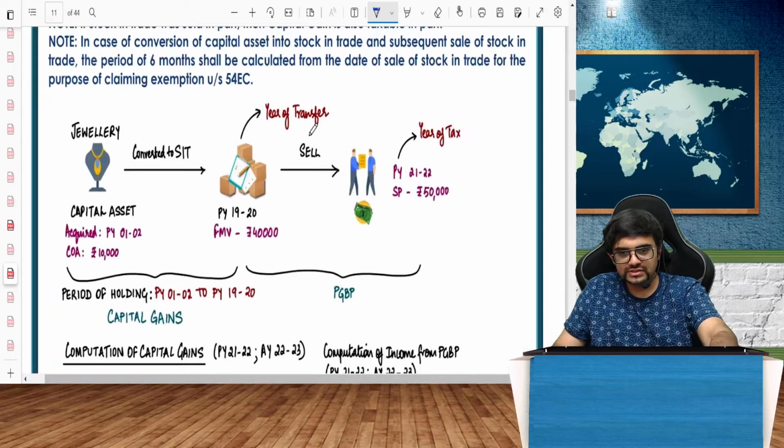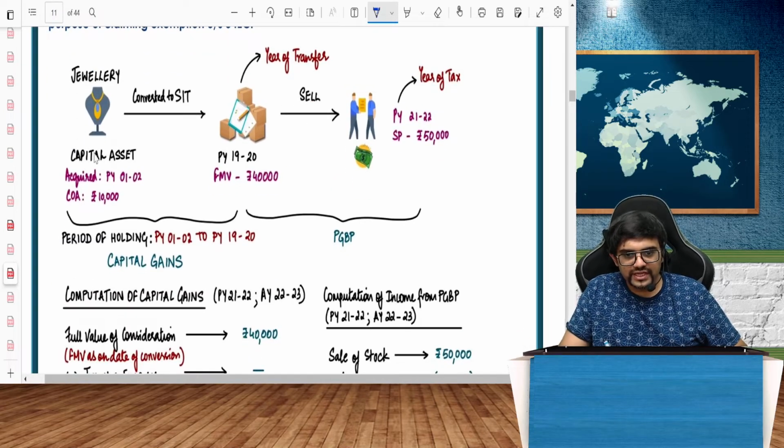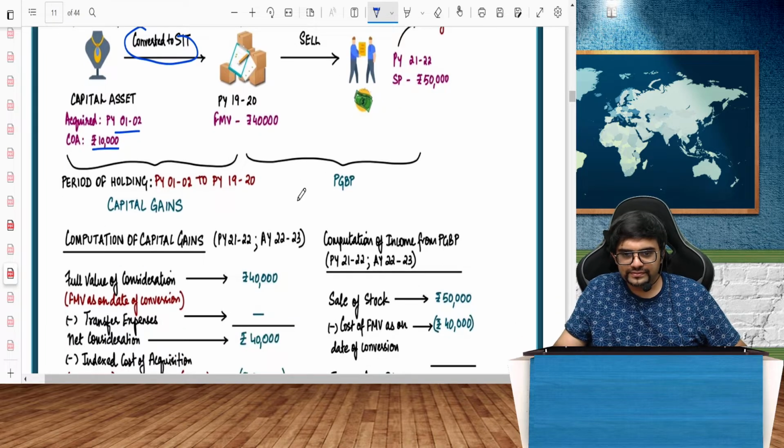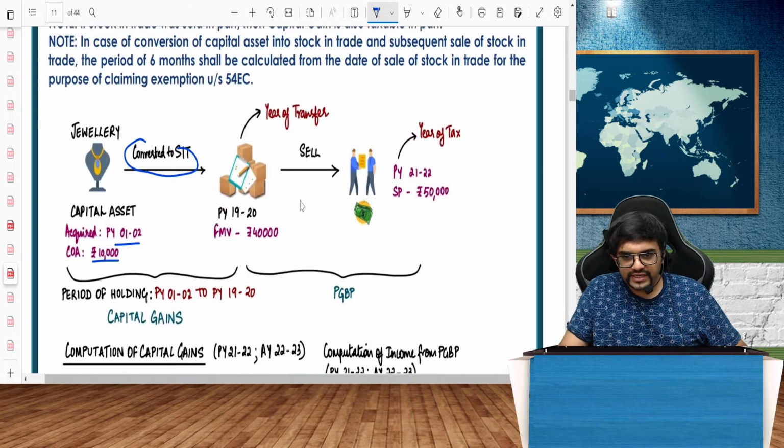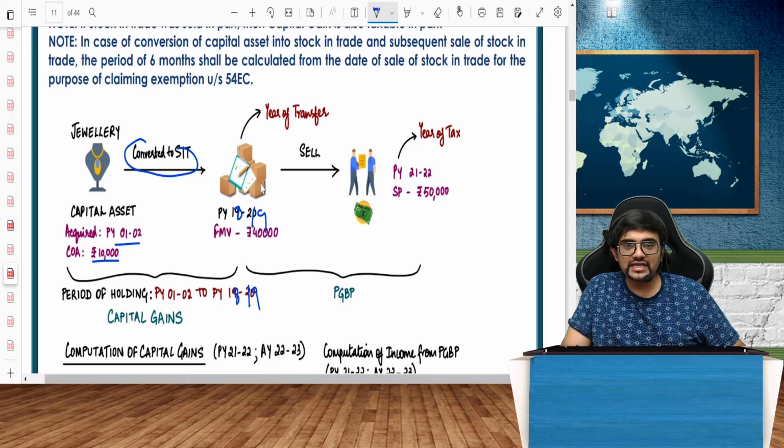You see this? Jewelry, capital asset, previous year 1-2, cost of acquisition 10,000. Converted to stock in trade in the year 18-19.